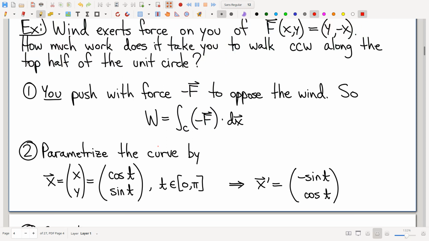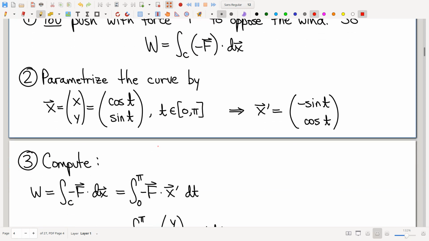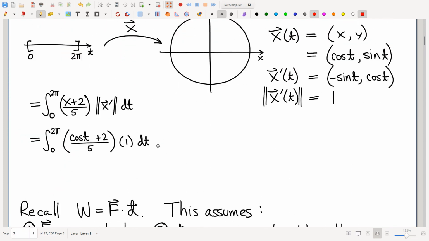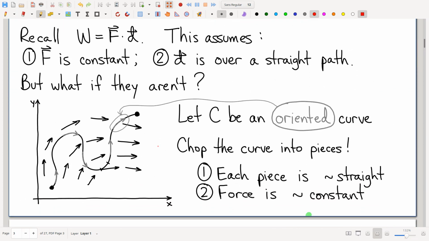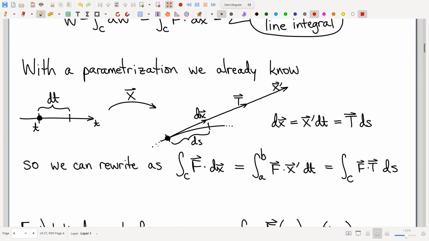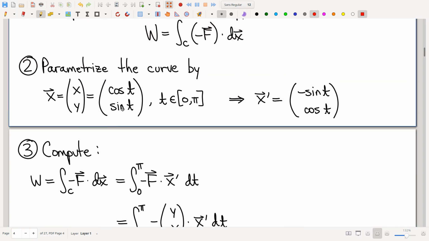Okay, so how to compute this thing. This is very plug and chug at this point. As we discussed a ways back, the first thing to do is to parameterize. And so here we go.